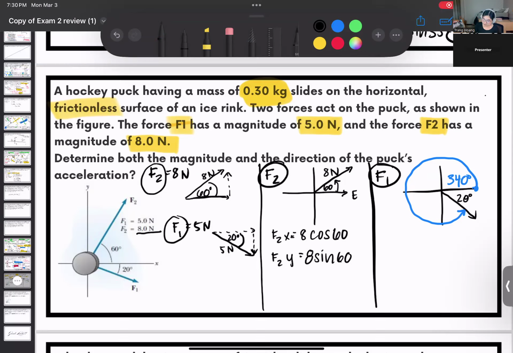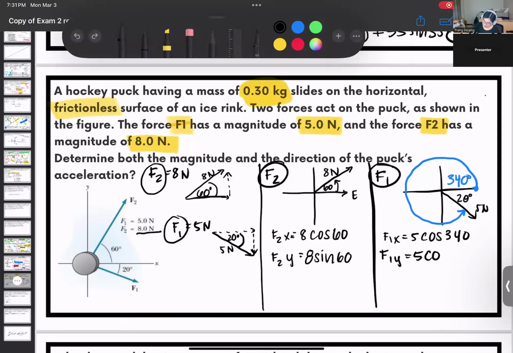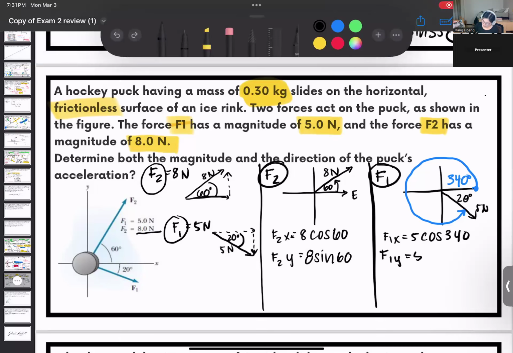That guarantees that we can use F1x equal to 5 cosine 340, and F1y equal to 5 sine 340. You don't have to worry about negative or positive. This will make sure you end up where you need to end up, okay?